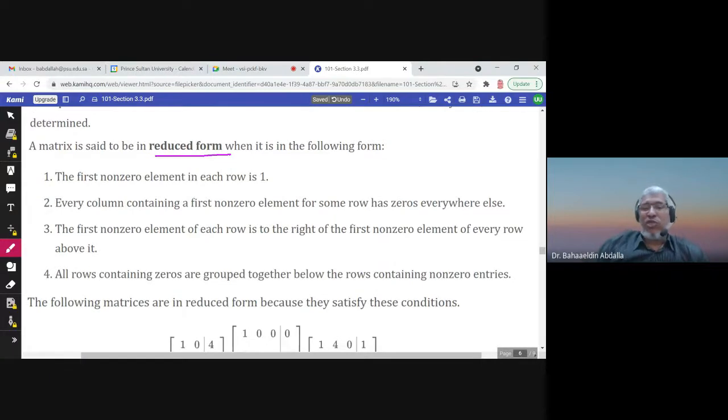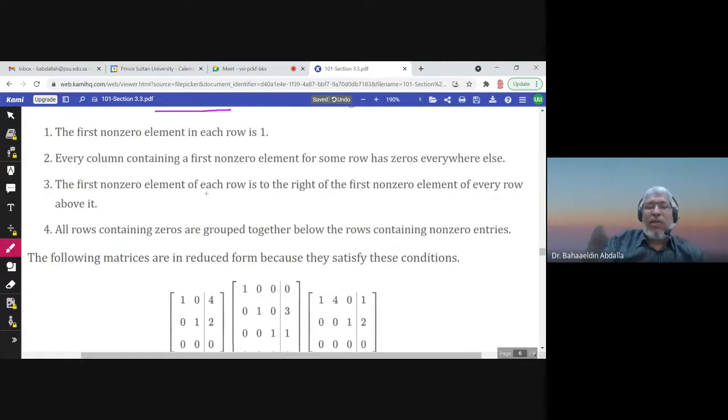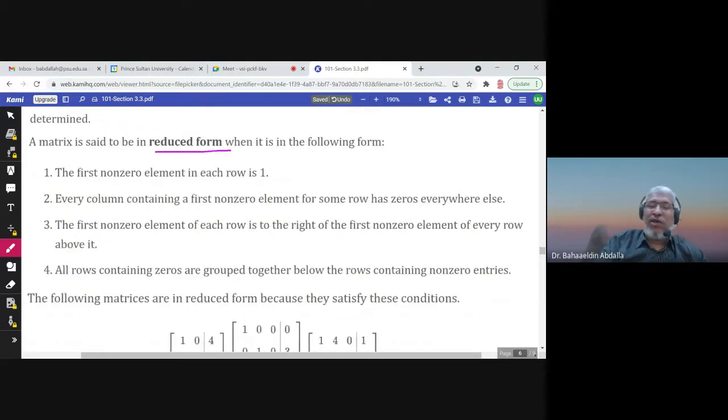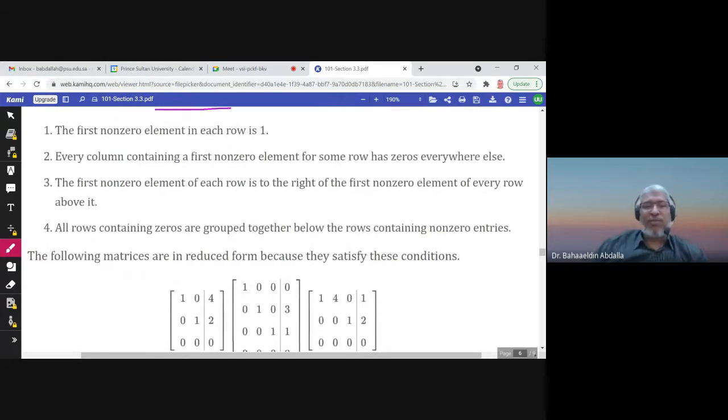So what is the reduced form of a matrix? It satisfies four conditions. You need to understand them. The first: the first non-zero element in each row is 1. Of course, these conditions are also satisfied by the identity matrix. So you go to each row, and the first non-zero element should be 1.